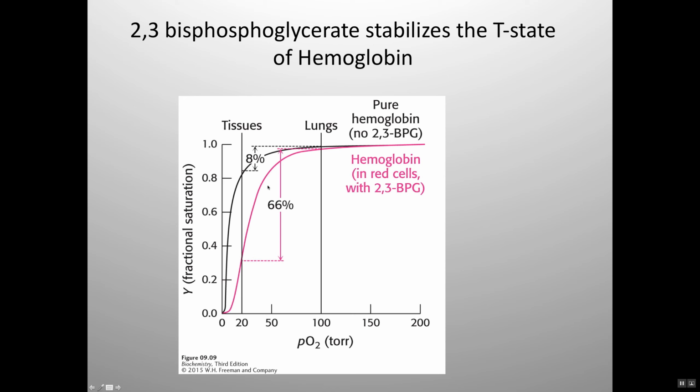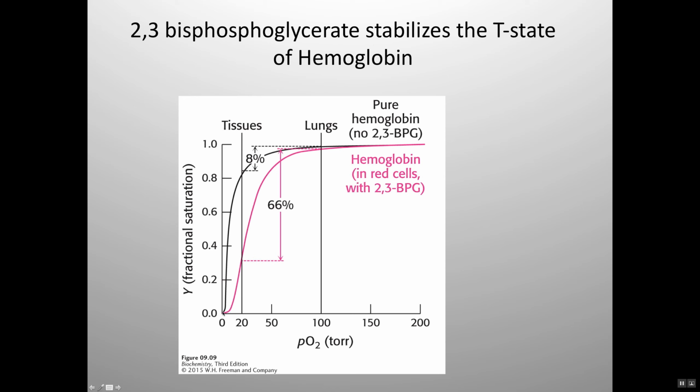So we look at the binding curve. This one here is hemoglobin as it would be in red cells, with 2,3-bisphosphoglycerate. If you purify hemoglobin, so you just have pure hemoglobin extracted from blood cells, it doesn't have any bisphosphoglycerate. And when you look at its binding curve, it actually looks a lot more like myoglobin.